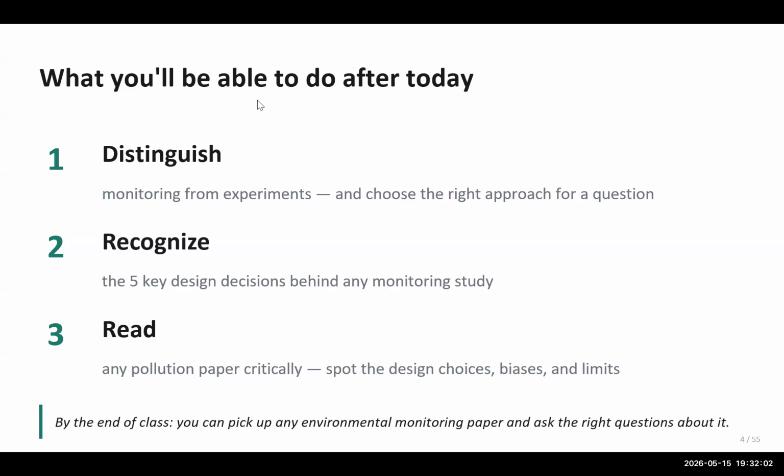And number 3, this is the most important one, you will be able to read any pollution paper critically. This means that you will know what questions to ask about how the data was collected. And this is the real skill. Every environmental decision in your country and in the world depends on monitoring data. So after today, you can judge that data.